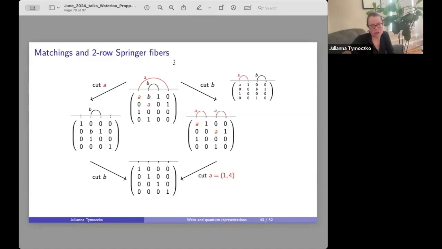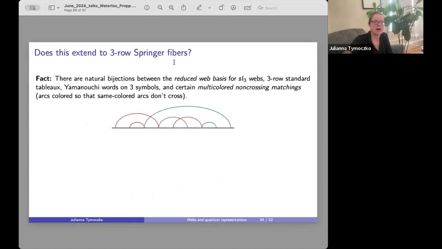these two-row Springer fibers. So does it extend to three-row Springer fibers? Well, to do this, we would actually need another color of our non-crossing matchings.